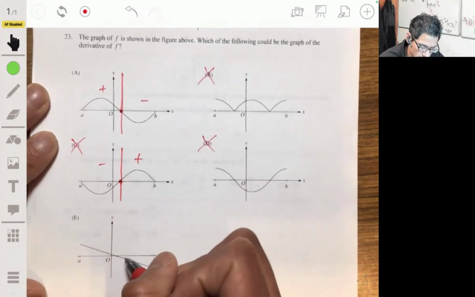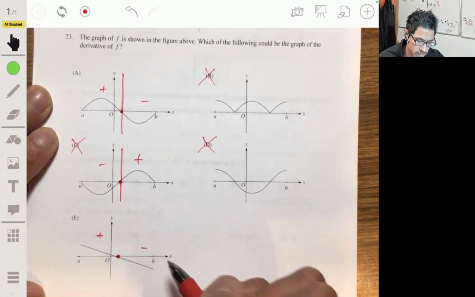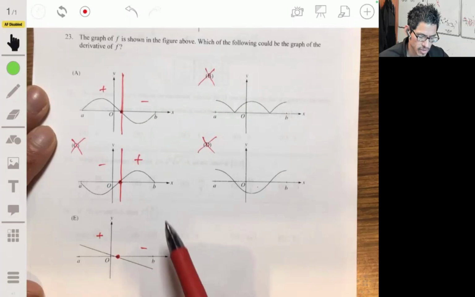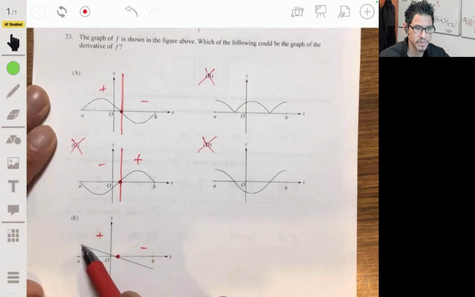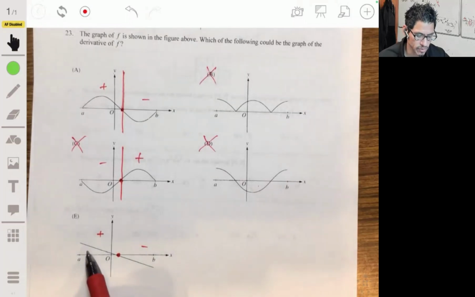And then E, this could still potentially hold. However, we want to look at the behavior. E says that it's positive, but decreasing at a constant rate.